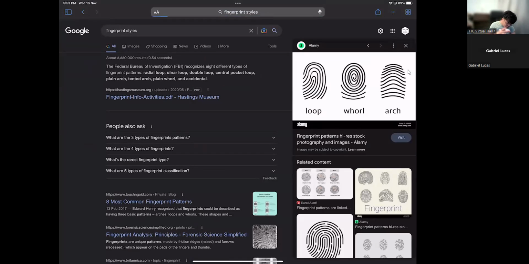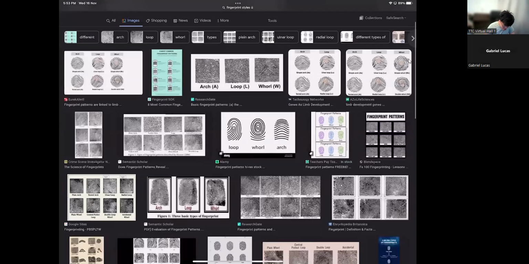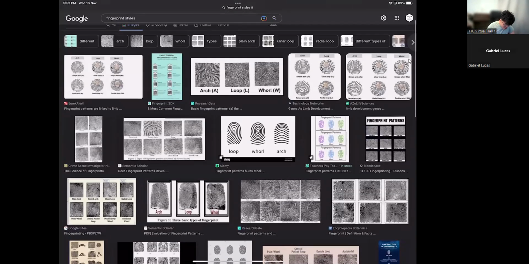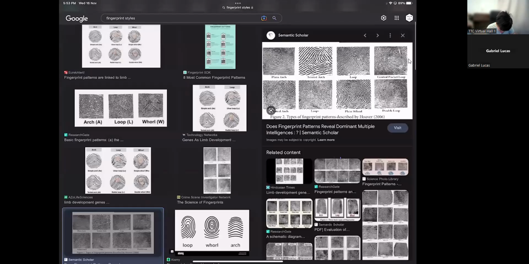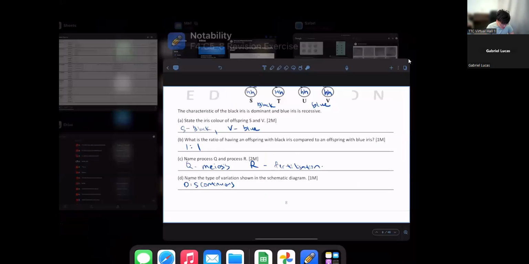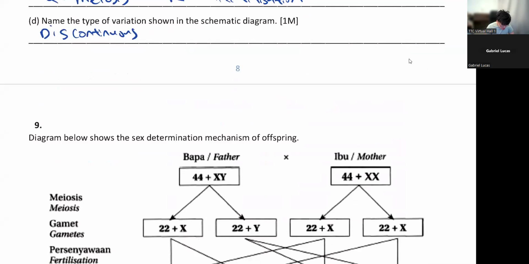Okay, usually 4 or 5 lah, 4 or 5 types lah. You fall into either one of it. Okay, so this is a discontinuous variation because you're either one, right? Okay, so this is discontinuous anyway.